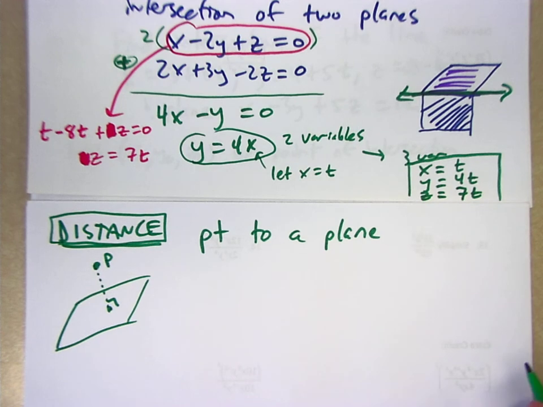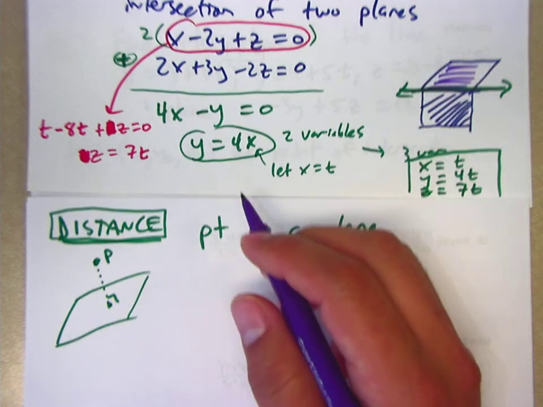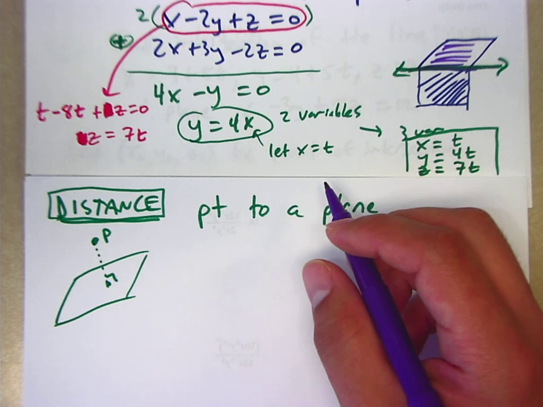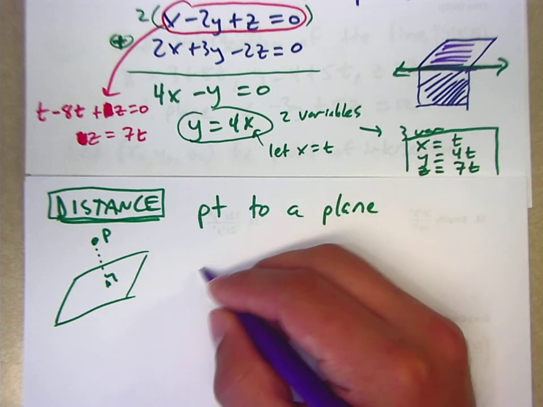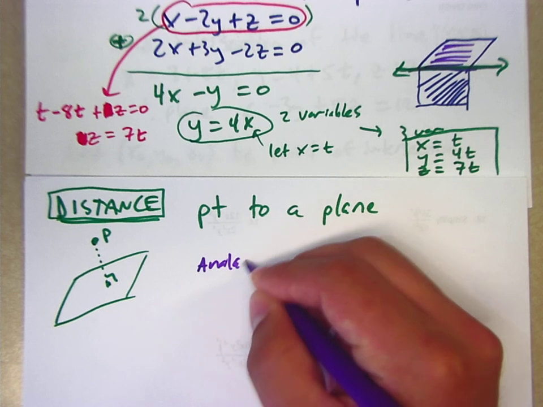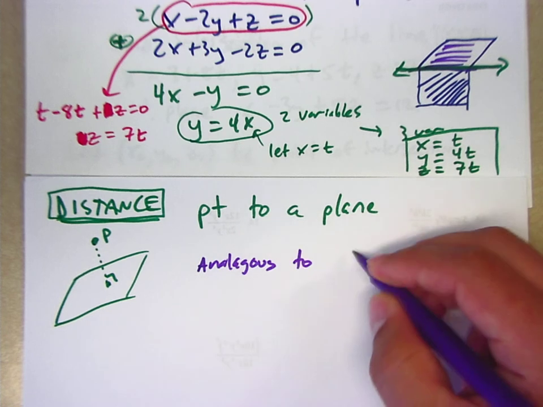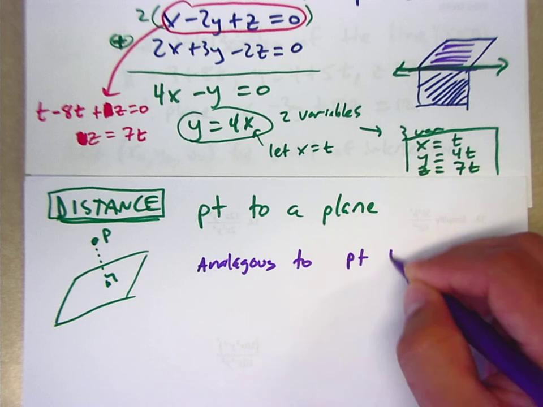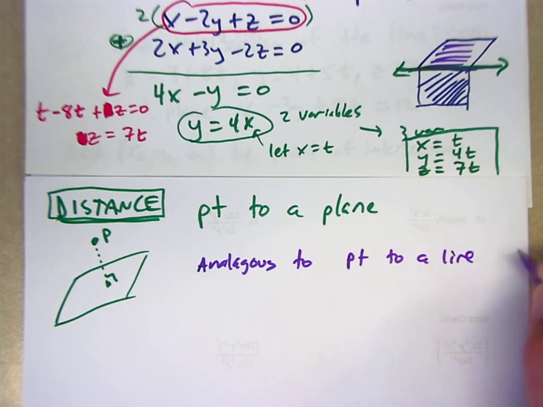And so probably the easiest thing to do would be to have you guys maybe pull from your memory bank from a few years ago in pre-calc. So this is analogous to the point to a line formula.